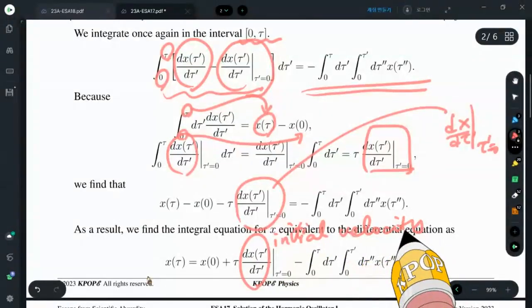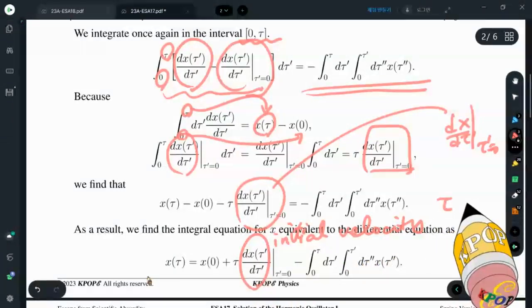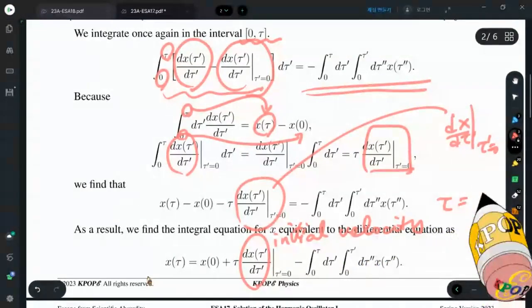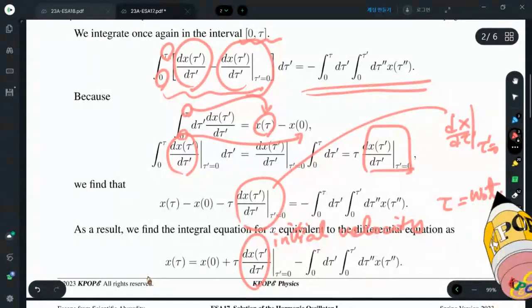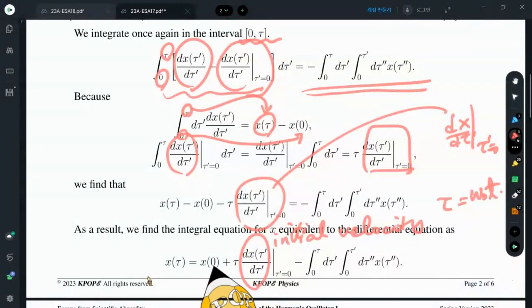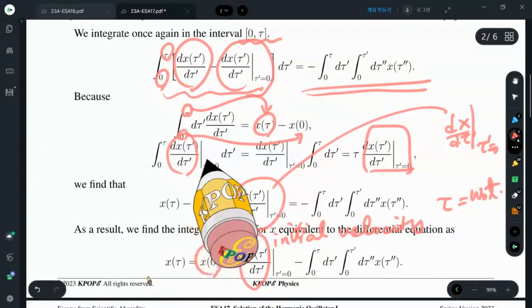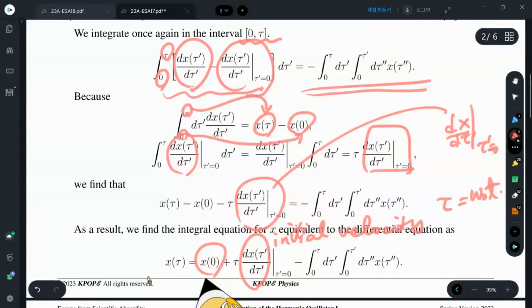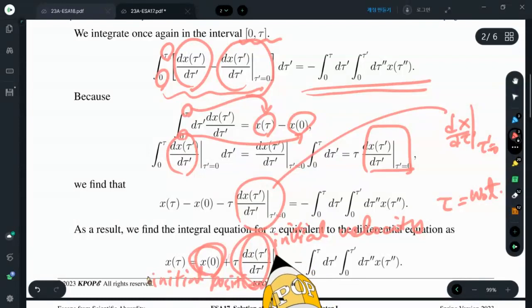Sure, it is not exactly the same as velocity because tau is not time. It is omega 0 t. And we have in here this initial position. So we have two parameters, the two integration parameters.